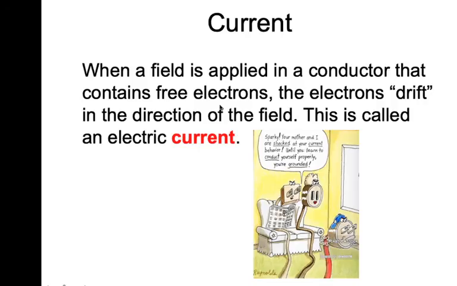And the interaction between that field and these charged electrons will produce an electric force, which will move these electrons throughout that conductor, producing a current. So current is always focusing in on the movement of electrons.